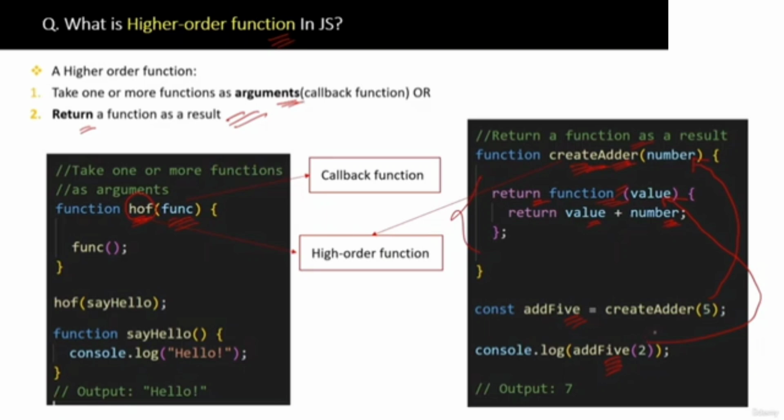Thereafter, the internal anonymous function will accept this value 2 here, and the createAdder function will accept 5 as the number parameter. Now you have both the value and number parameters with you, and finally you will receive the output 7. Great. This second type of higher order function is not so popular, but yes, it is also a higher order function.